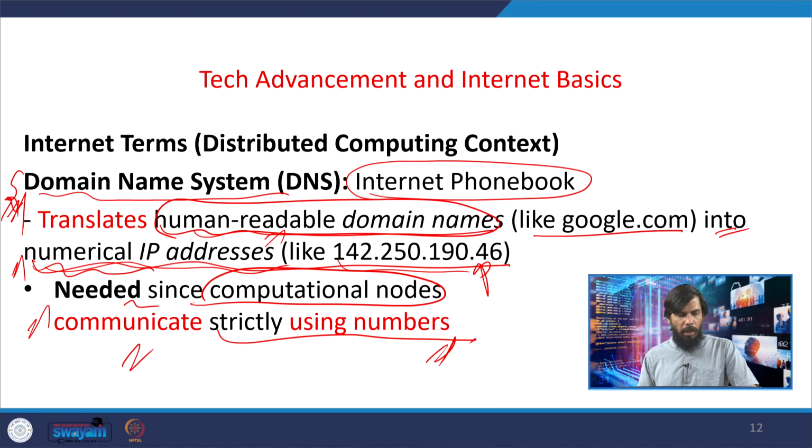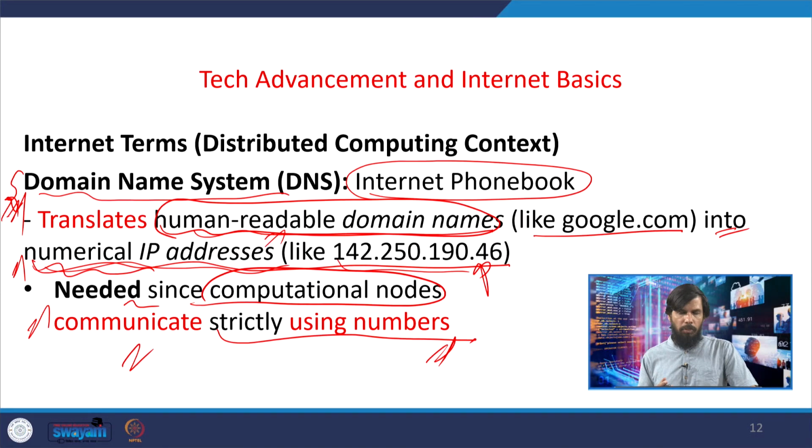And then coming back to the domain name and URL that we discussed in previous sessions: when you are typing a URL, you are specifying the domain name as part of that, and when you are accessing a particular website, the machine, the computational node, only understands numbers. Therefore, there has to be a translation from the domain name to the numerical IP addresses, which are understood by the computational nodes.